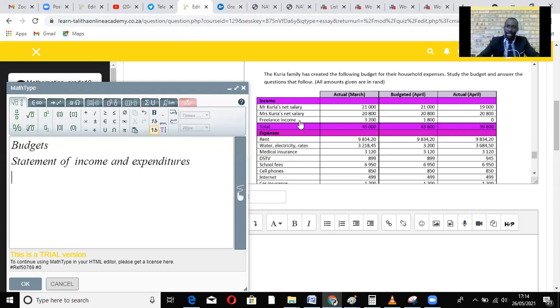The freelance income. This is the type of income which comes because of a quick job that you did, like 1 hour here, 2 hours there, 30 minutes here, 30 minutes there. This type of job can also bring in some money.